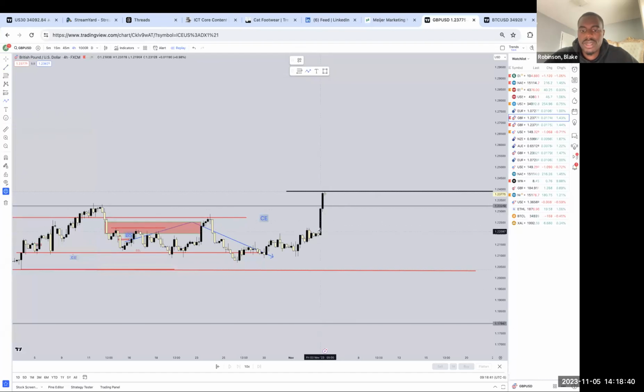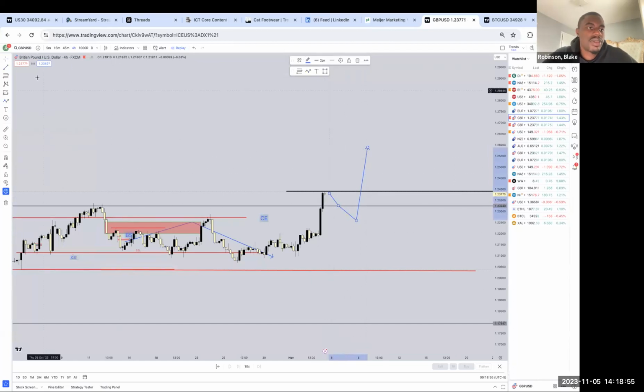There are two imbalances here. There's a fair value gap here, and a smaller one there. So I would love to see price trade to this one or this one and attack the highs until we get to that fair value gap. I'll adjust that in a second.